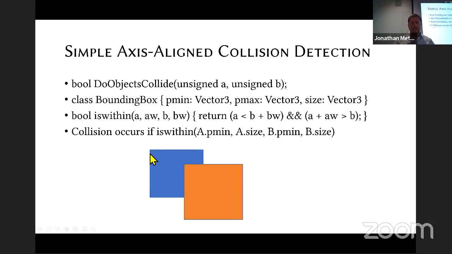If A is less than B plus BW, that's true, right? So A, the left-hand side of the box, is clearly on the left of the right side of the box for B. Then the next thing we need to check is the right side of box A against the left-hand side of box B. So we check A plus AW and ask, is this greater than the start for B? We can see that it is. So yes, there is an overlap in the X direction.